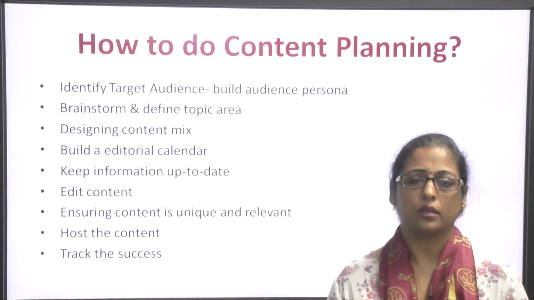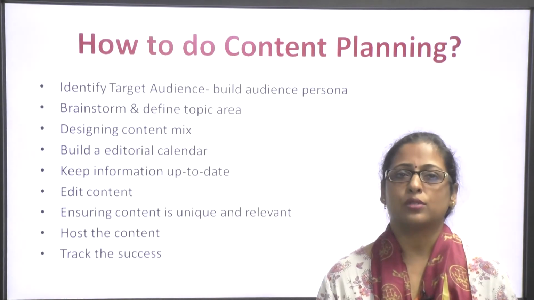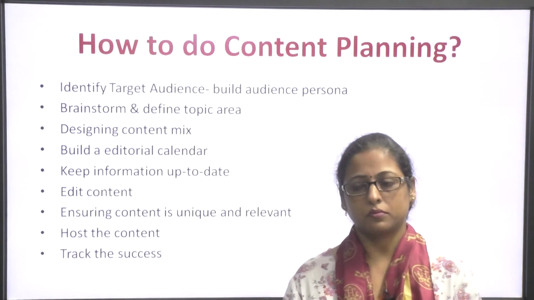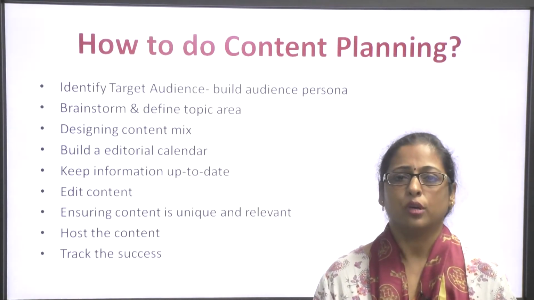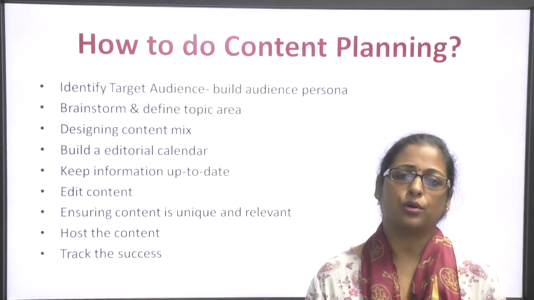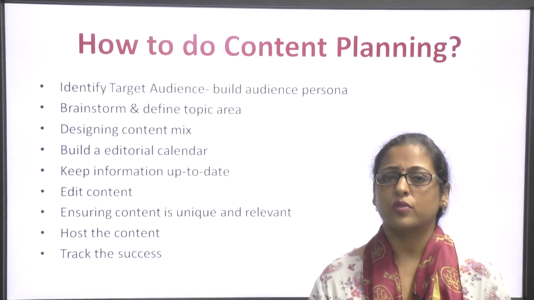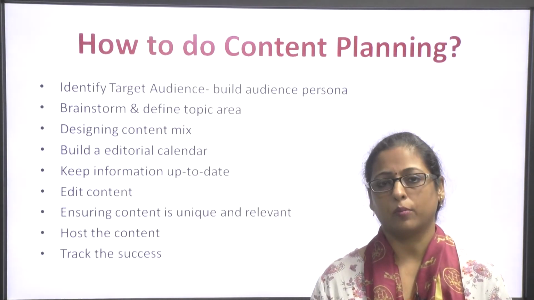Once you have understood your target audience, you should brainstorm and try to identify the areas which are of interest. For example, if I want to share some information with females, then I should know the various concerns or areas of interest of females, upon which if I write, that would attract more people.